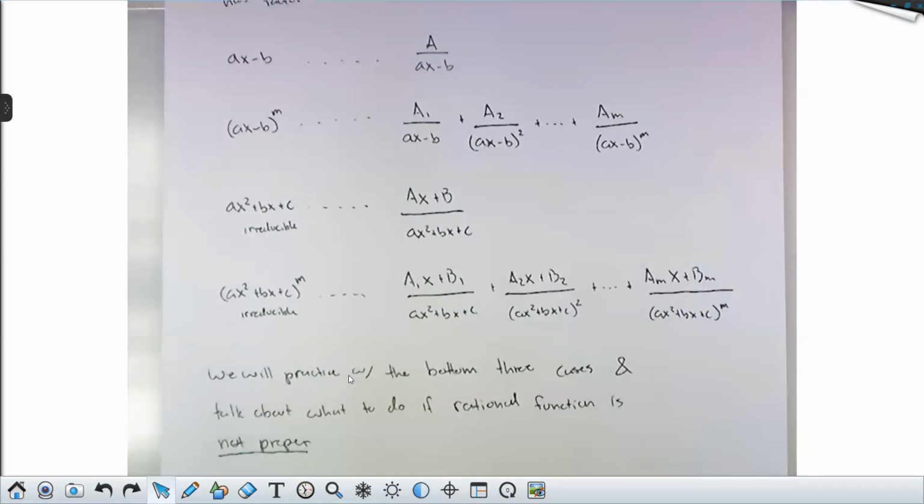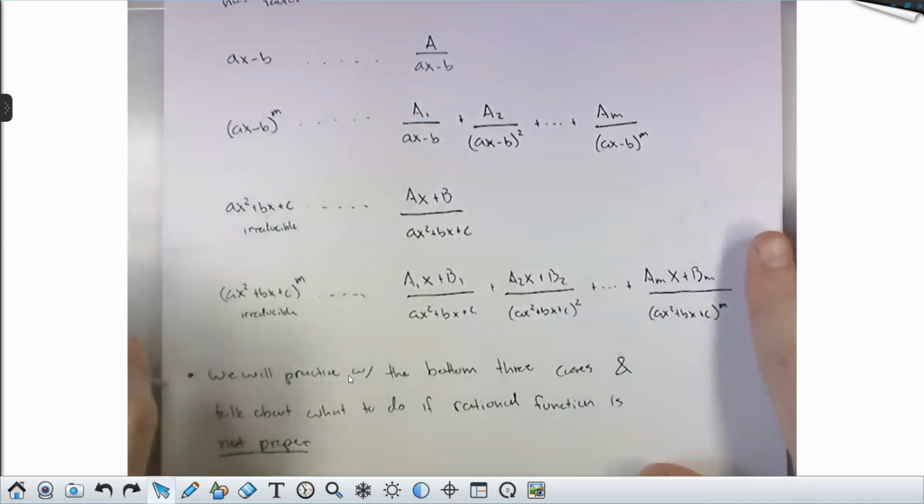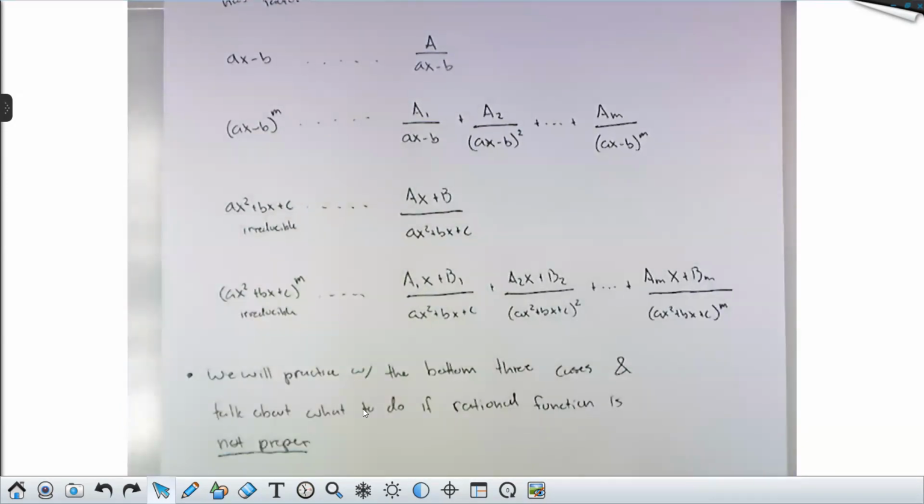Now remember, a rational function is called proper if the degree of the top is strictly less than the degree of the bottom.